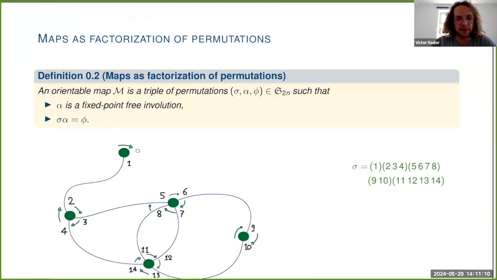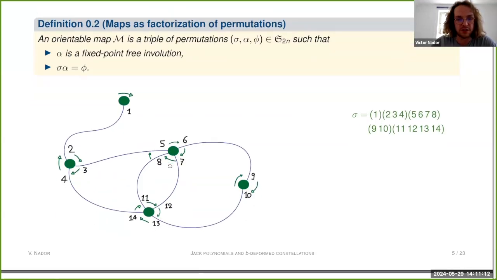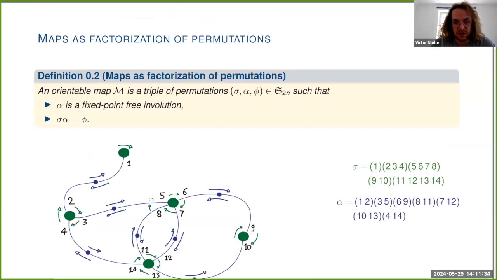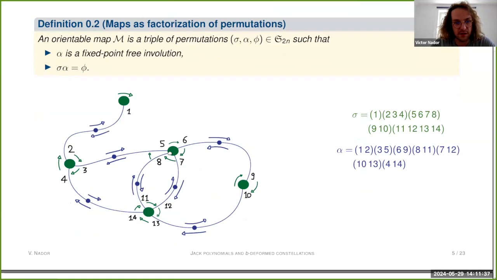And then my first permutation, sigma, is going to tell me what's the incidence relation around my vertices in green here. So I have cycle 1, cycle 2, 3, 4, 5, 6, 7, 8, and so on. Then my second permutation, alpha, is going to be a fixed point free involution that describes how the half edges are paired together to form an edge. So here I have 1, 2, 3, 5, 6, 9, and so on.